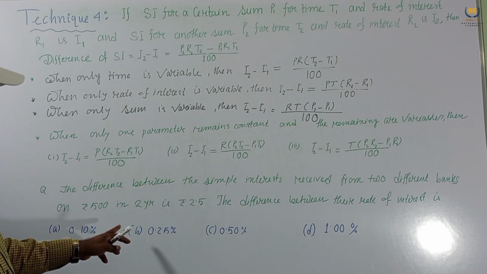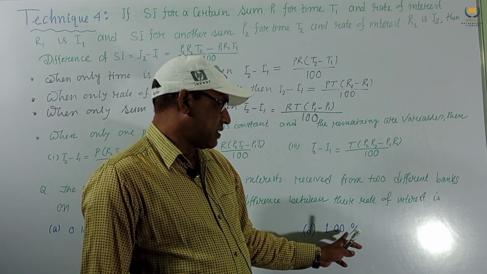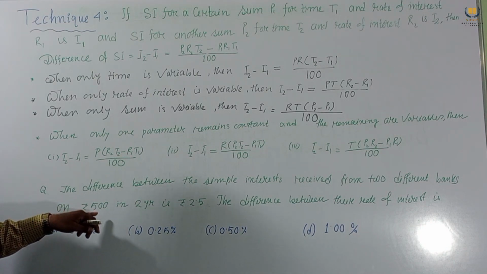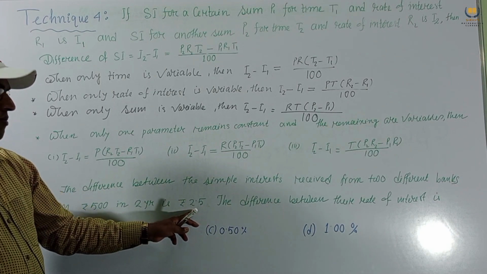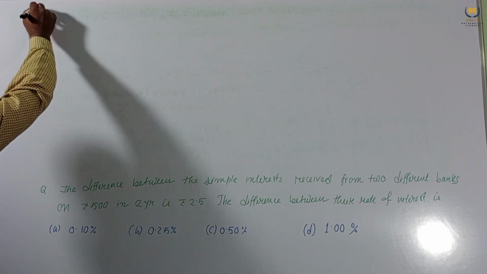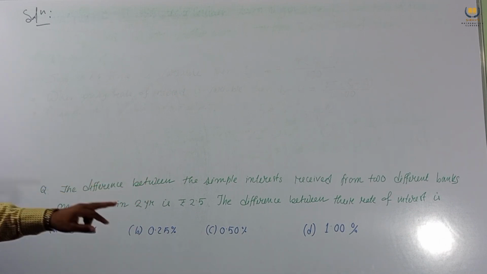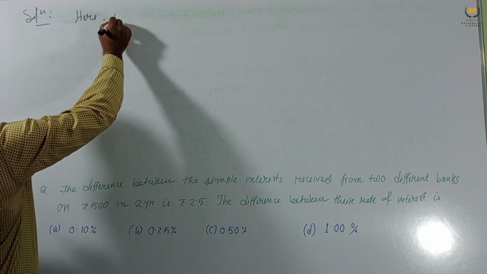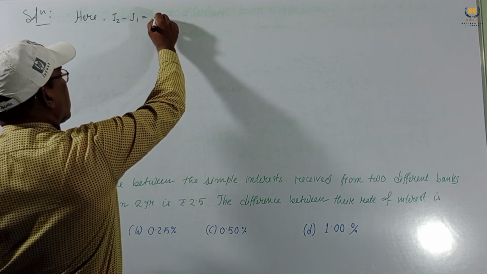The options are 0.10%, 0.25%, 0.50%, and 1.00%. Just find the difference between their rates of interest, with the sum, time and SI given. Here in the solution, what is given? The difference between simple interest, I2 minus I1, is 2.5.